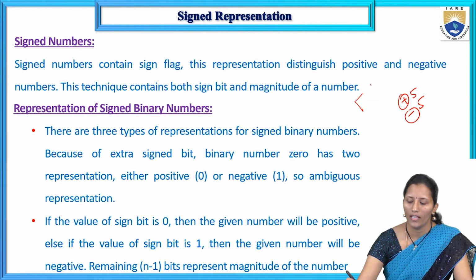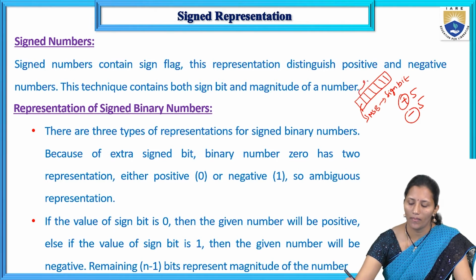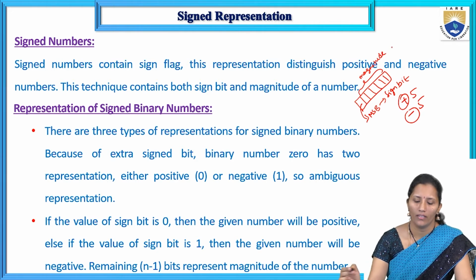If we represent a number in binary form, the most significant bit is for the sign bit, and the remaining bits represent the magnitude of the number.